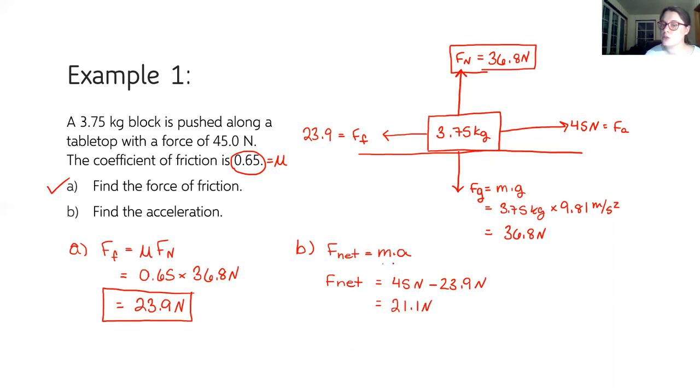Now we can go back to this equation and find out our acceleration. So we start out with 21.1 newtons is equal to, we know the mass is 3.75, times the acceleration. Simple rearranging, divide both sides by 3.75.